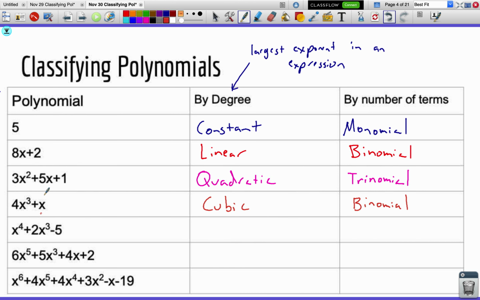Because we skipped those, this is just a binomial expression. Next one, the biggest exponent is a 4. The word for that is quartic. This is our root word for 4, quar. This is a quartic expression, and again, it's back to a trinomial.